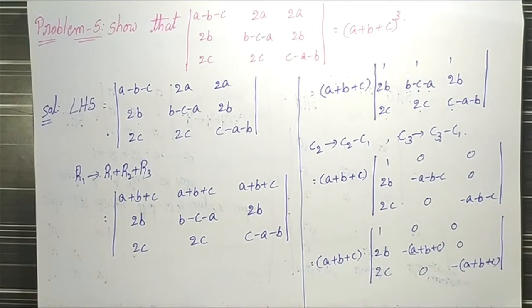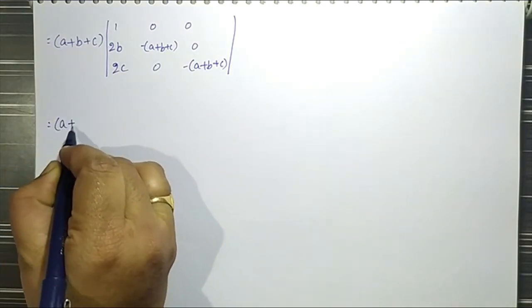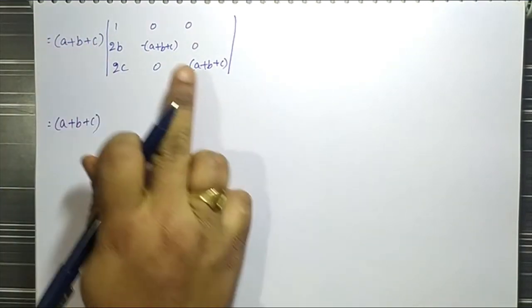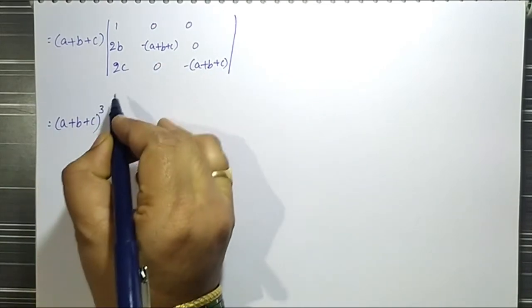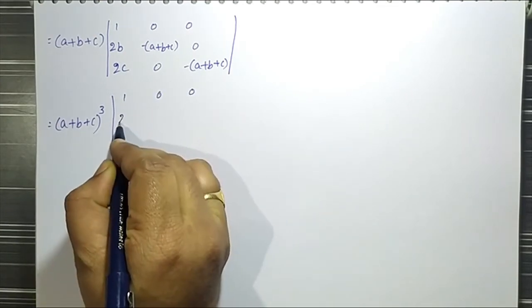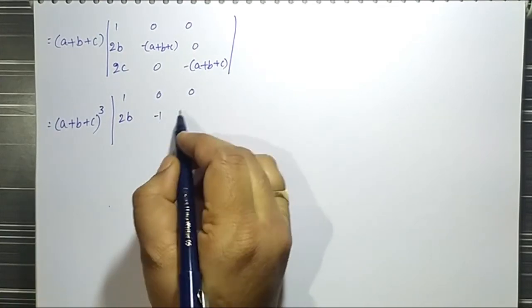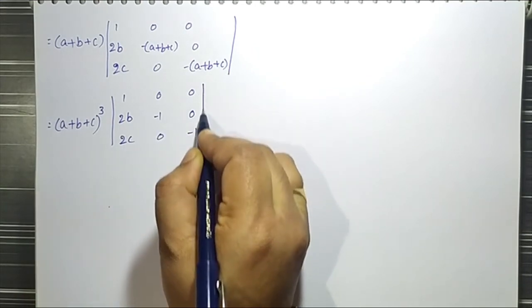Then the remaining values: a plus b plus c into a plus b plus c into a plus b plus c, here the whole cube. The remaining determinant is 1 0 0; 2b, minus 1, 0; 2c, 0, minus 1.